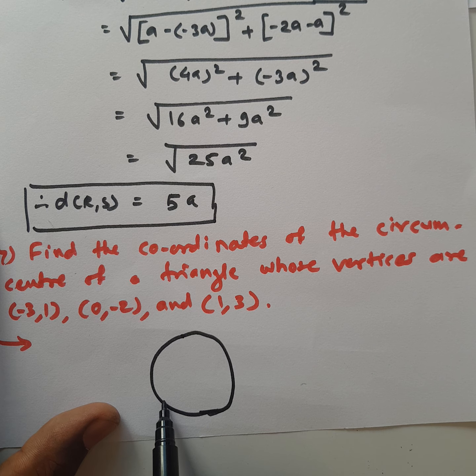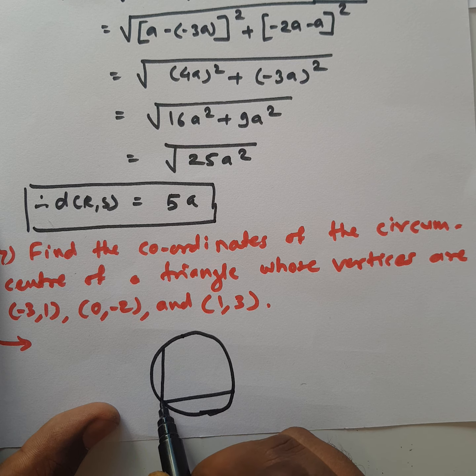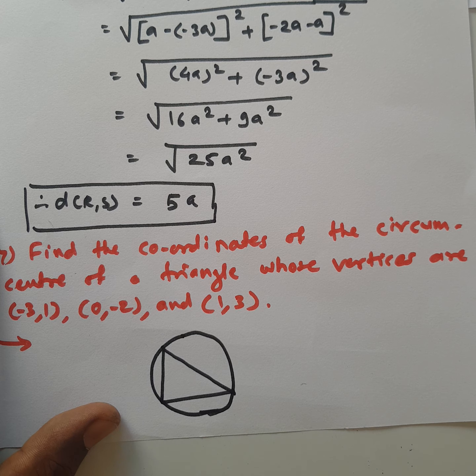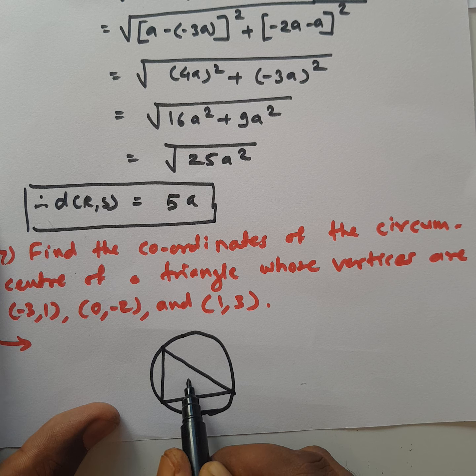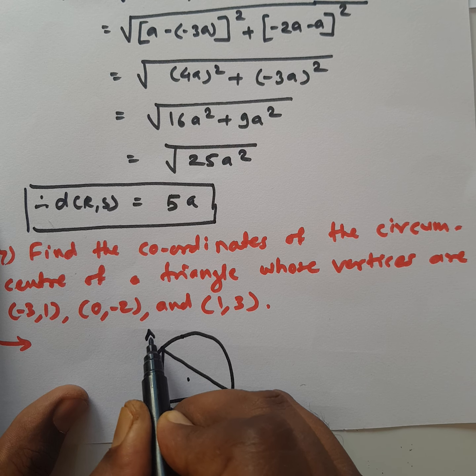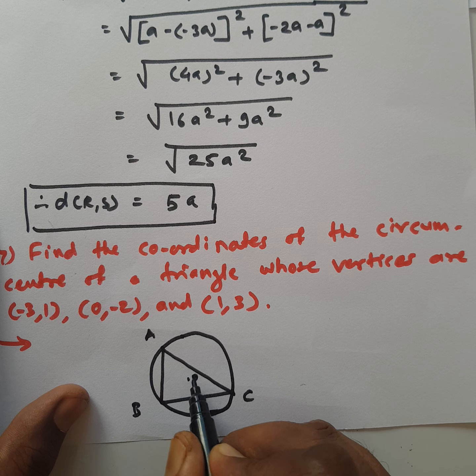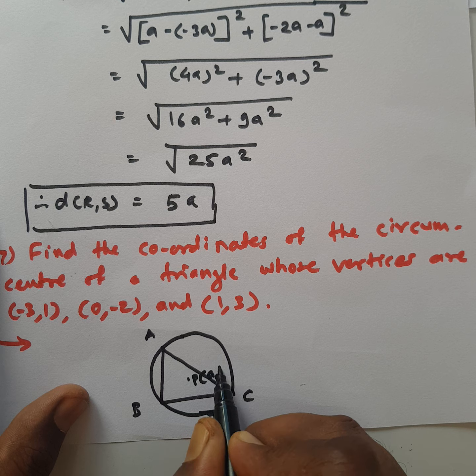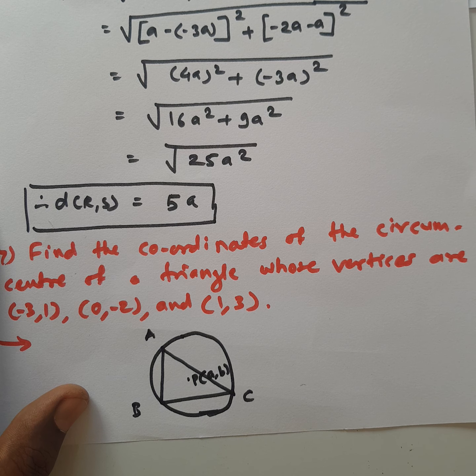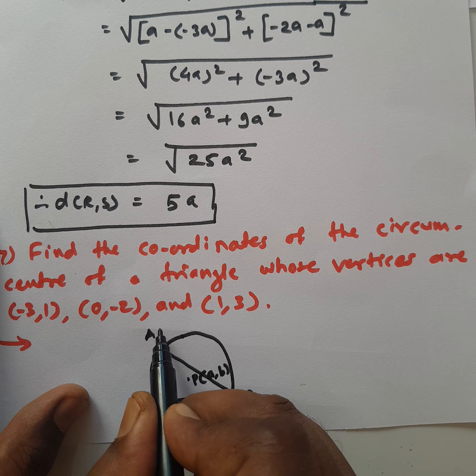the circumcircle of a triangle, suppose it is triangle ABC and it is the circumcircle of it. Let P be the circumcenter of the given triangle.